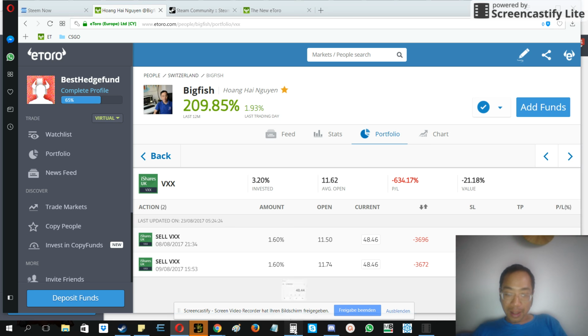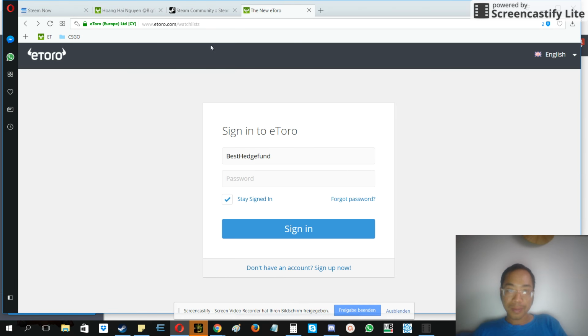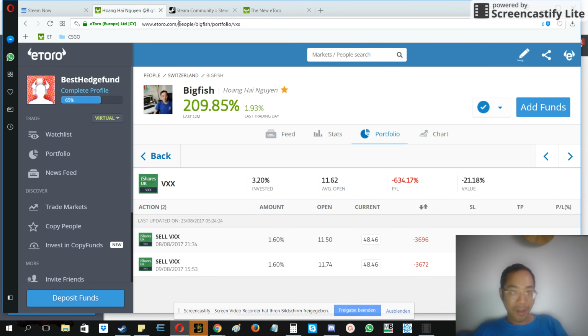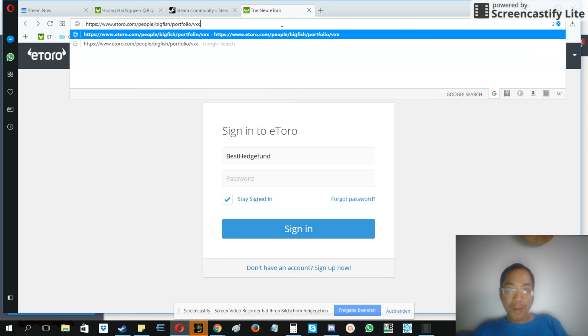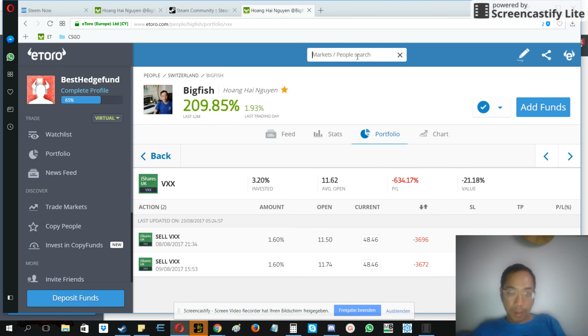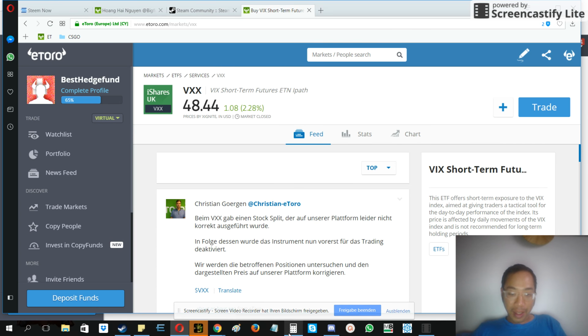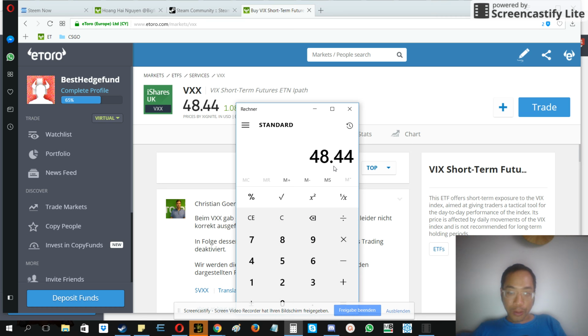So let's do the math. The price of the VIX is currently 48.44, and then we divide it by 4.